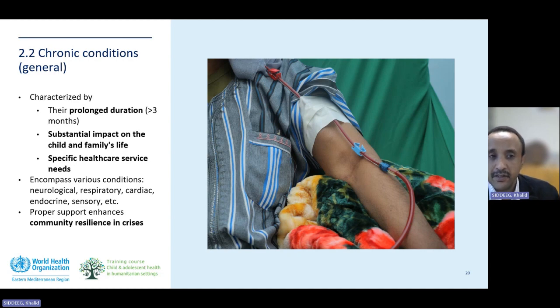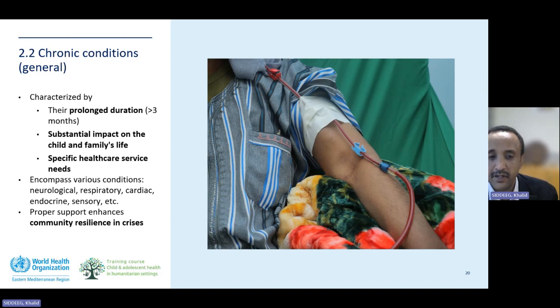We know that chronic conditions last for a long period, so they necessitate prolonged care, and they affect families. If in a family there is a child with diabetes, a child with cancer or with renal impairment, the whole family life changes to fit the needs of this child.